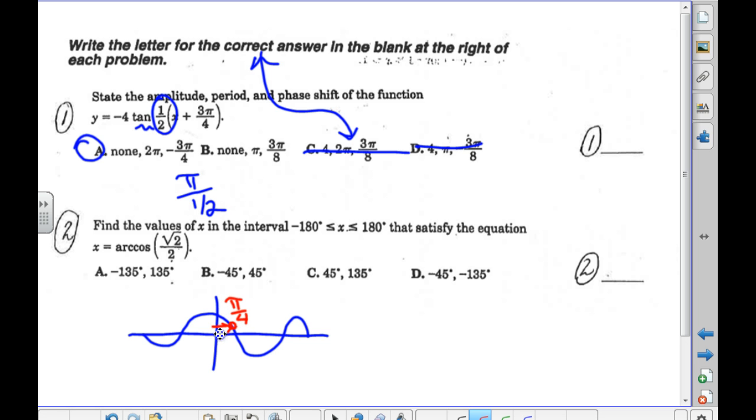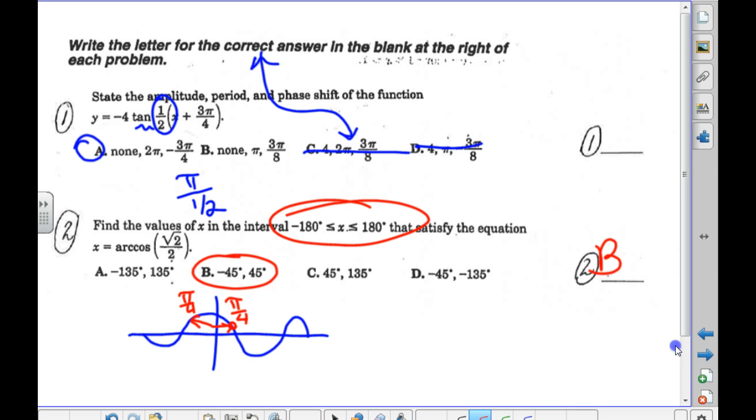Okay. You would go this way, you would find another one at pi over 4. If it was a plain old cosine, not an arc cosine, I hate this question because you can't do this between negative 180 and 180. But what is pi over 4? 45, and this would be negative 45. Don't worry, you're never going to see that question again, but that's the answer they're looking for. Moving on.